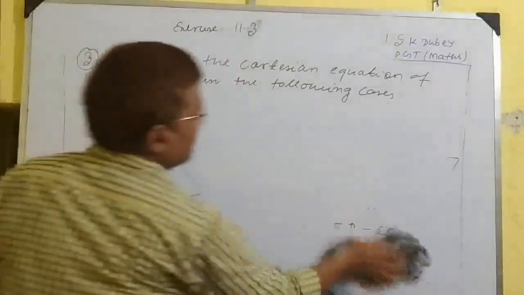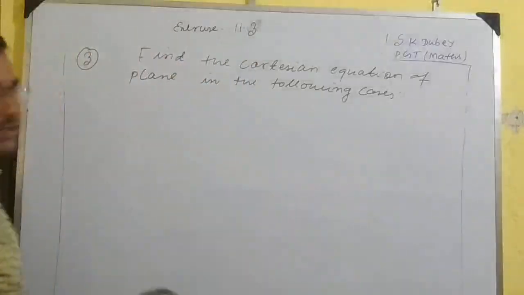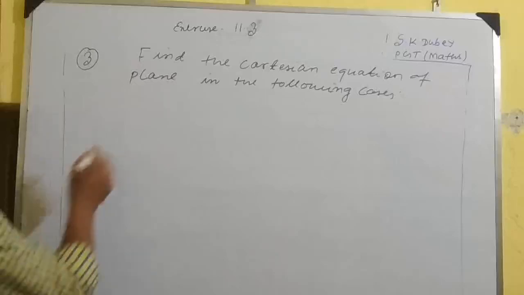The vector equation of the plane is given and we have to convert the given vector equation into a Cartesian equation.